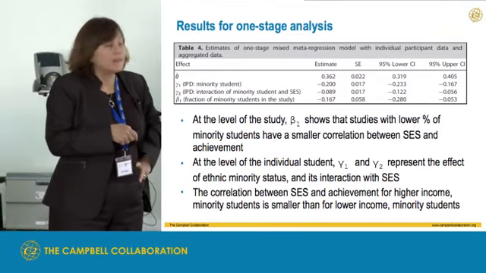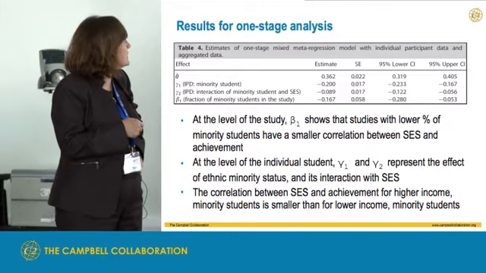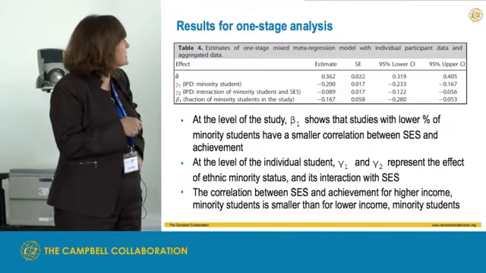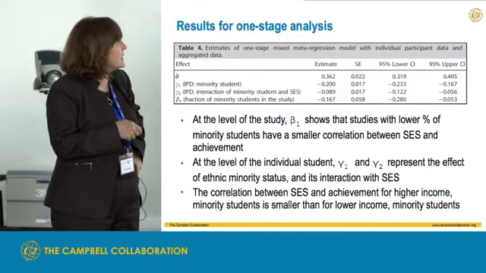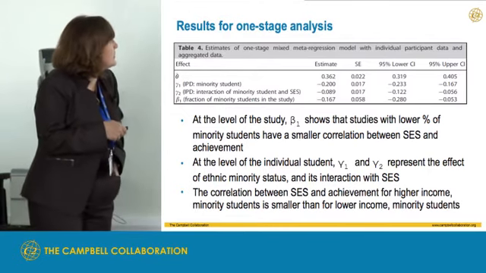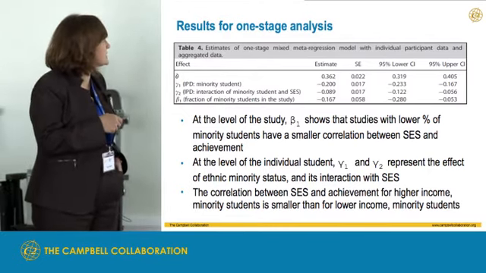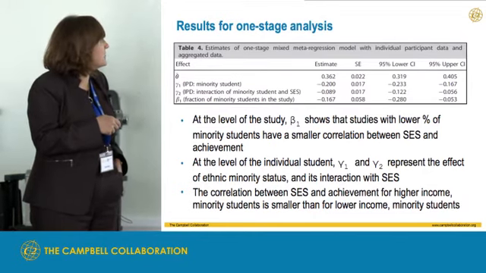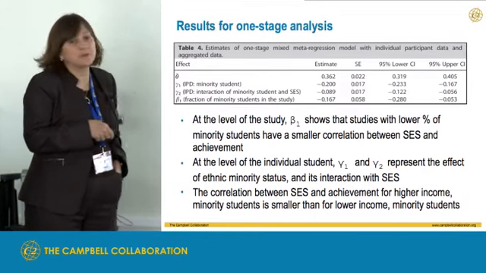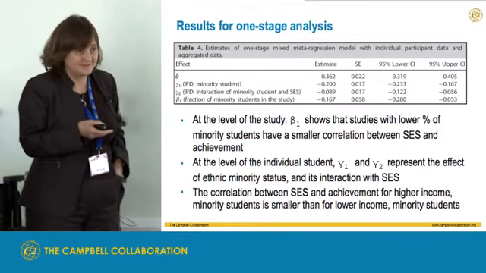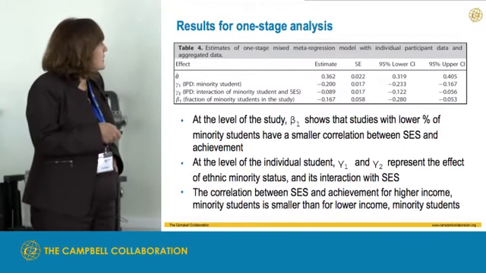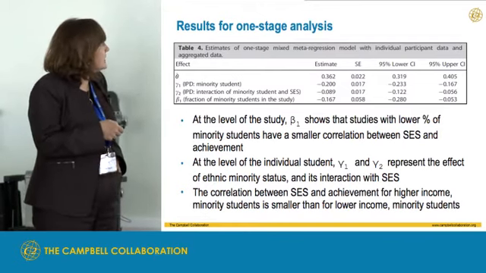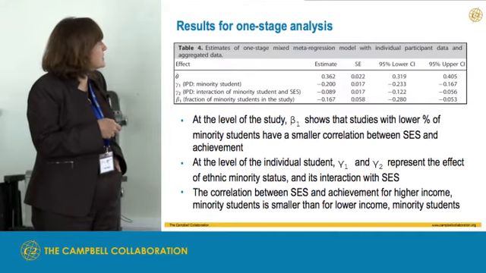Okay. Then at the individual level, this is sort of a representation of that interaction. So both of these parameters, these gamma 1 and 2, get at the interaction that happens within those two studies. Okay. So what we have here is an interaction between minority student status and SES, which is negative.